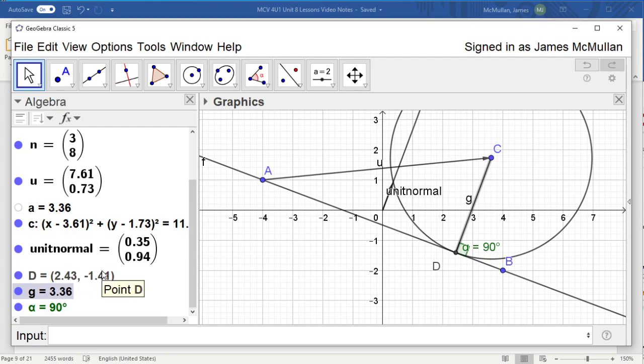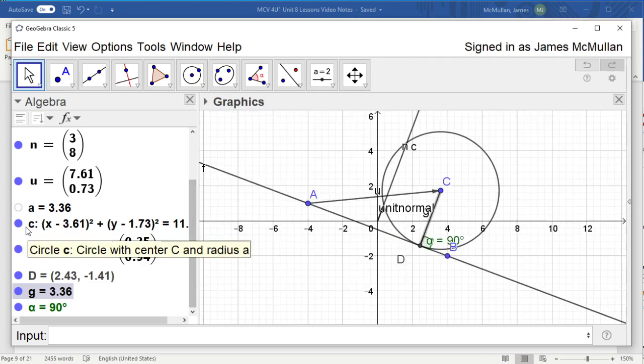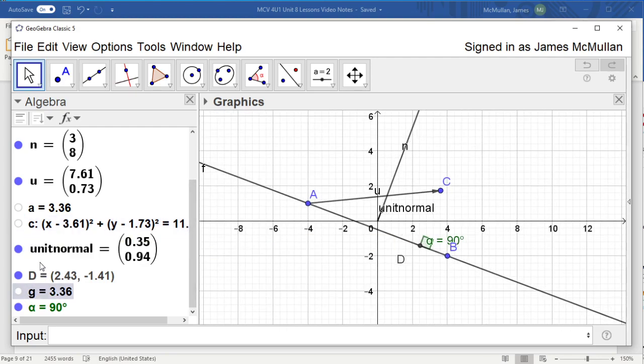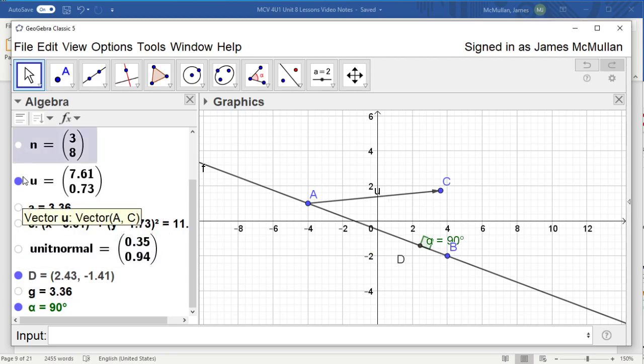You may need to do that in a question, but I didn't need to do it in this question. All I needed to do was find this length. Now, what is fascinating about this is, let's just get rid of some of this stuff. So let's get rid of the unit vector, the normal, and vector U.